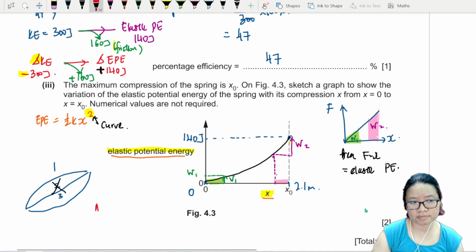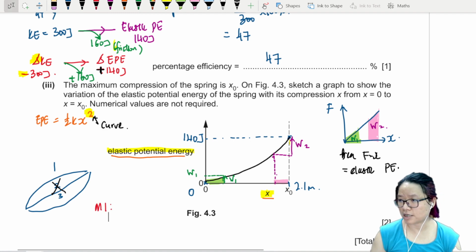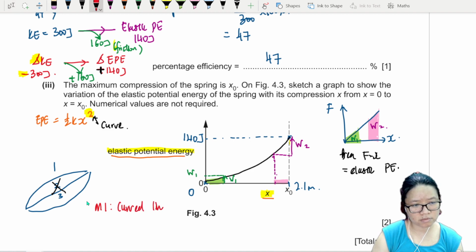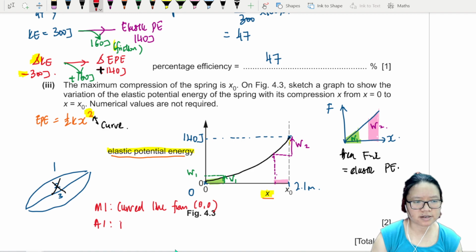M1 mark is curved line from 0, 0, because initially the spring is not compressed. A1 mark is there is an increasing gradient. So if you draw straight line, you will get 0 mark.